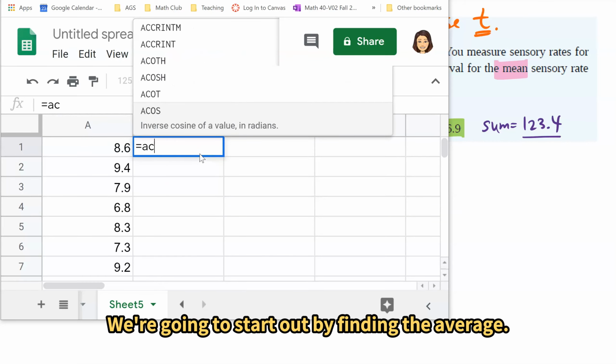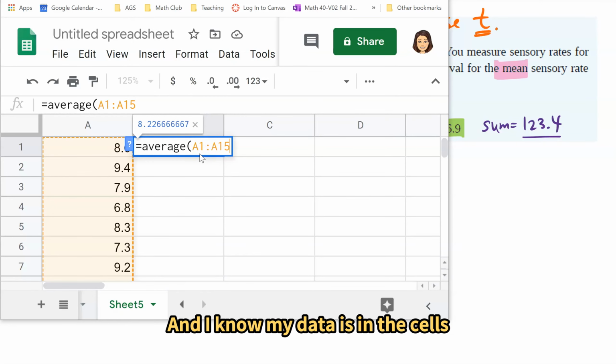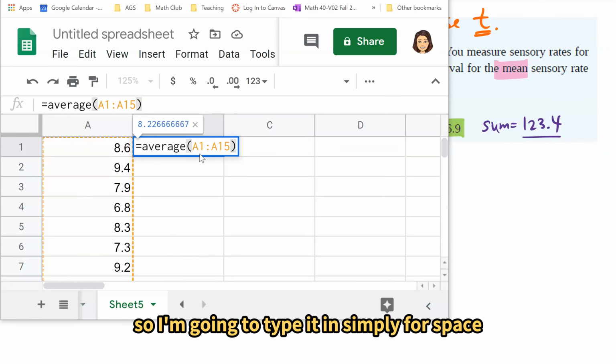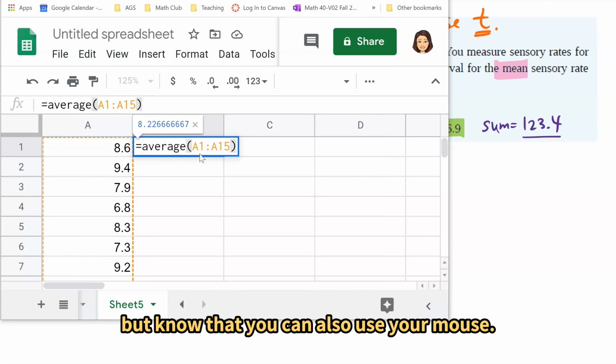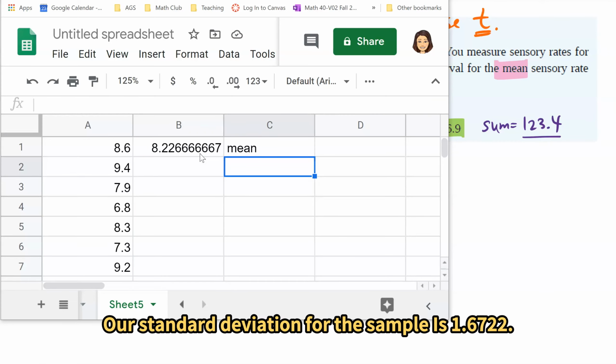We're going to start out by finding the average. And I know my data is in the cells A1 through A15, so I'm going to type it in simply for space, but know that you can also use your mouse. And our average is 8.2267.